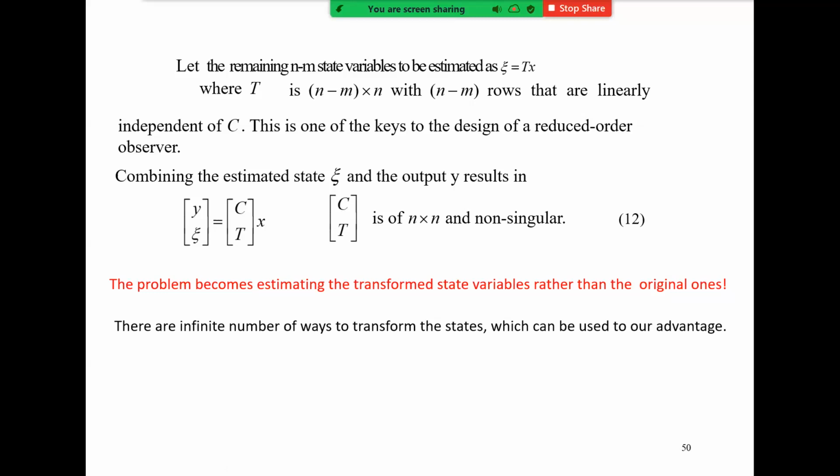There are an infinite number of ways to transform the states. That actually provides us with a lot of freedom to design. We are going to use this to our advantage, and I'm going to show you that later. This transformation T will be the design variable in the reduced order observer.